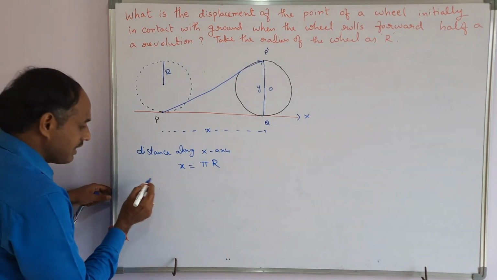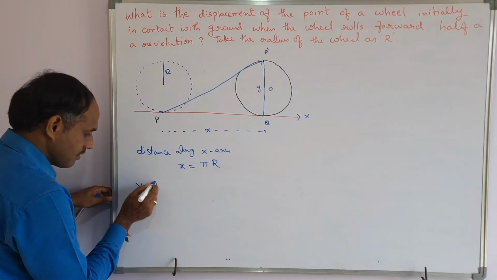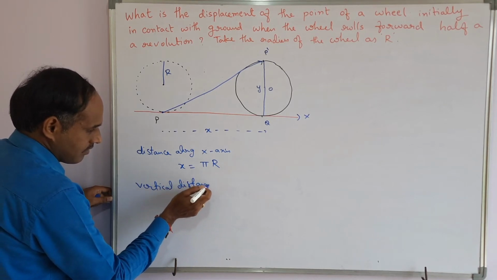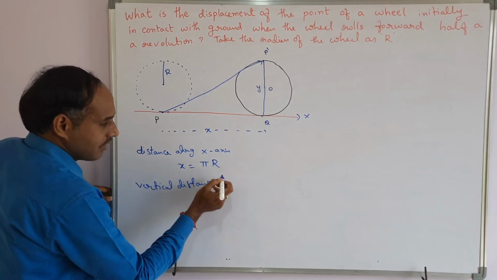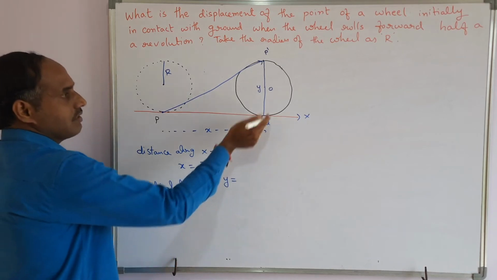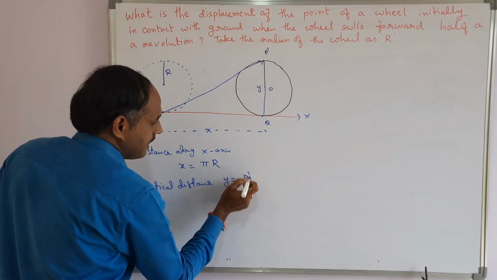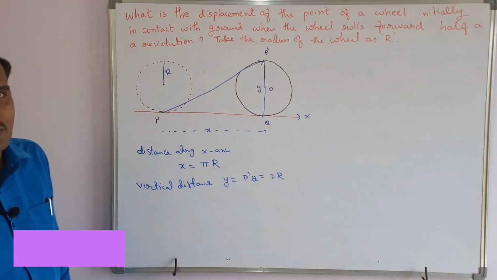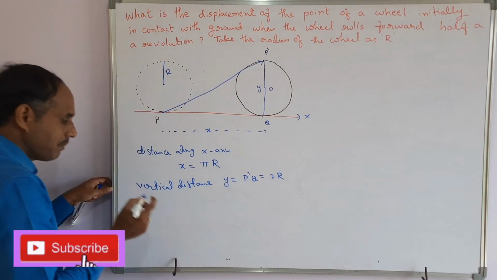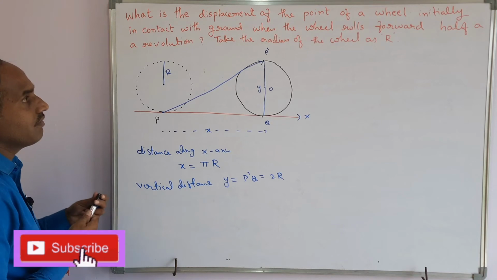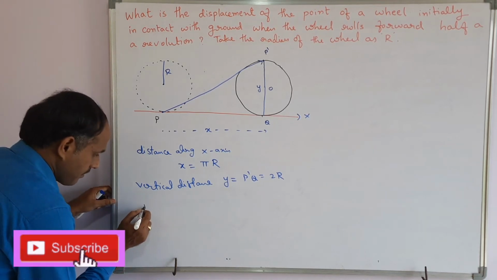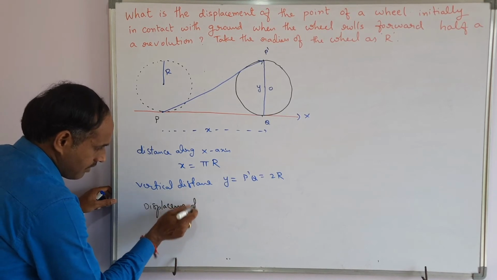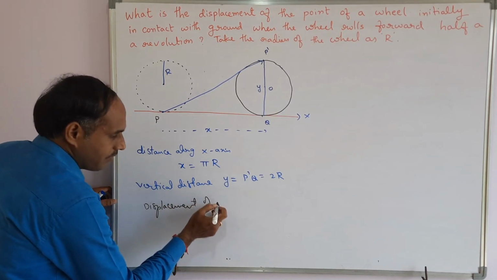And the vertical distance covered, let this be y. This y is equal to P dash Q, which can be written as 2r. But now our intention is to find the displacement. Now the displacement of the wheel point P can be obtained.